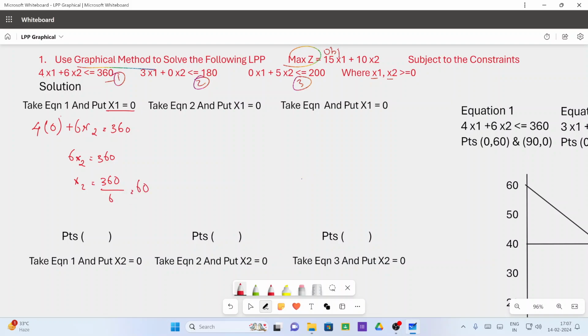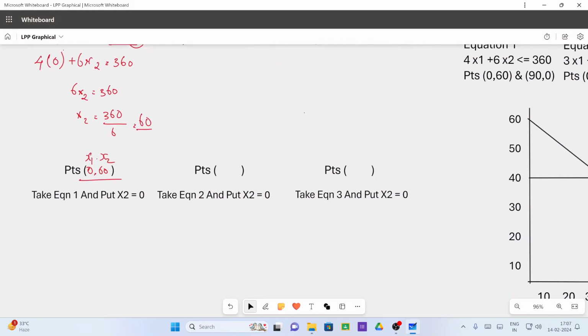Now we have to write the points to plot them in the graph. We need x1 and x2 for plotting the points. x1 we substituted as 0, and x2 we found as 60, so the point is (0, 60). In the same equation, we now substitute x2 as 0.